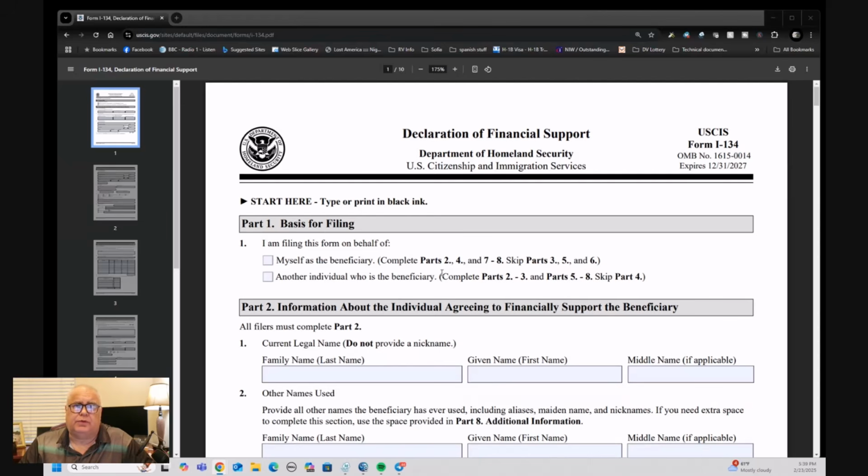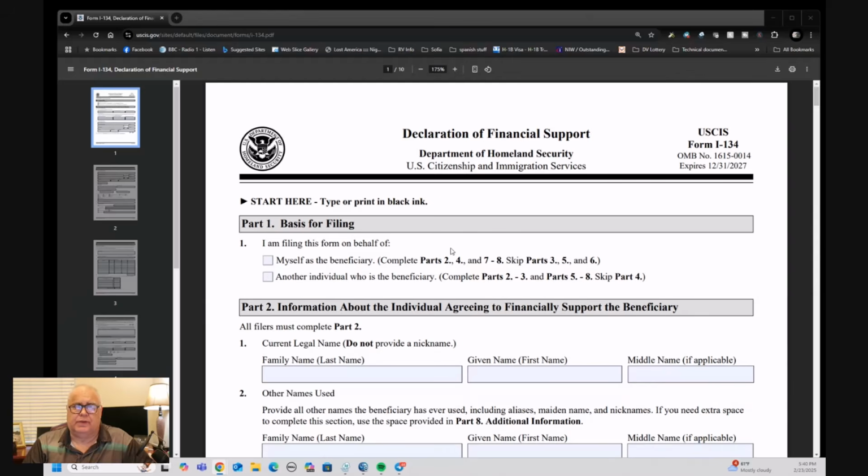The other thing I wanted to explain about the form is that they've made it very clear, both in the instructions and in the guidance for consular officers, etc., and in the form itself, that this form is not legally binding. It cannot be used by the government to sue the sponsor for your expenses should you require any sort of expenses or support from the government.